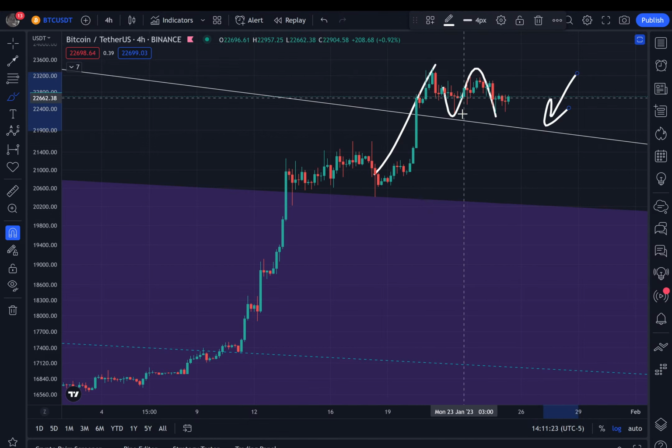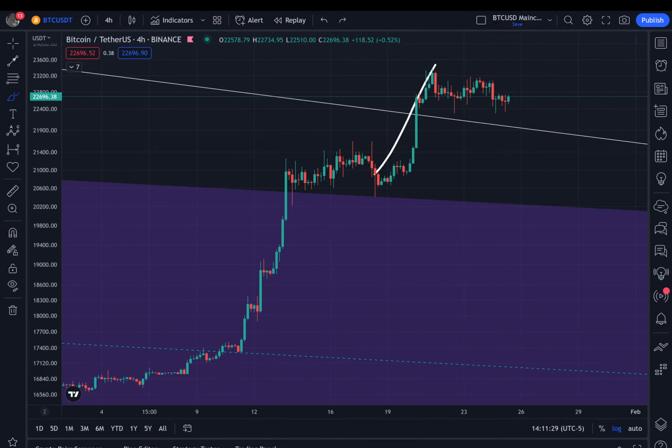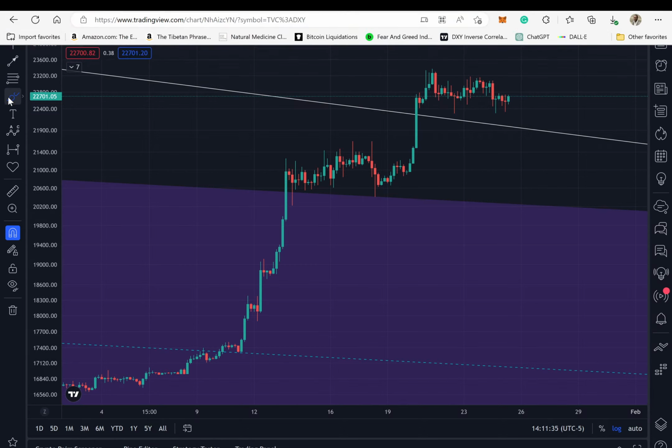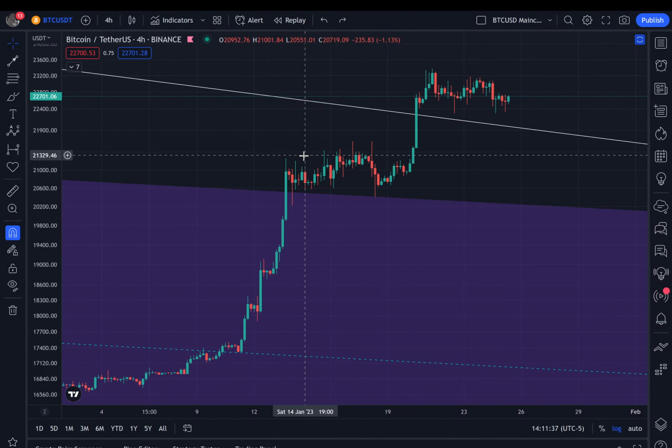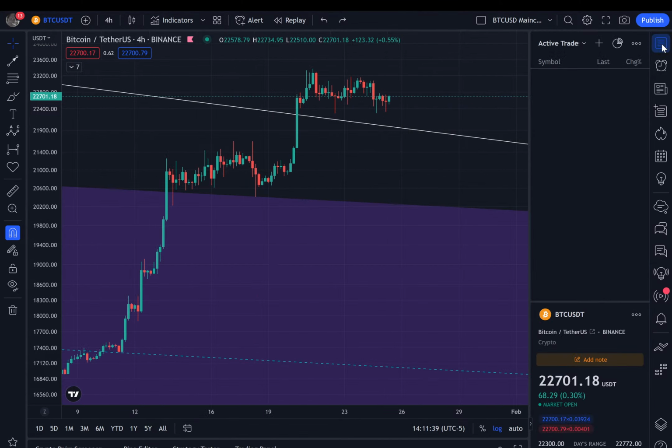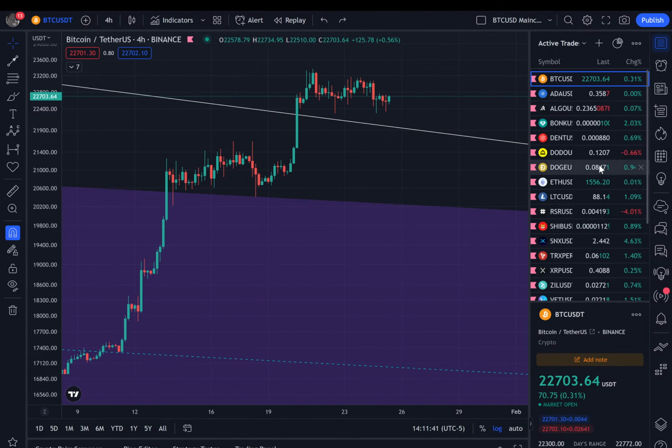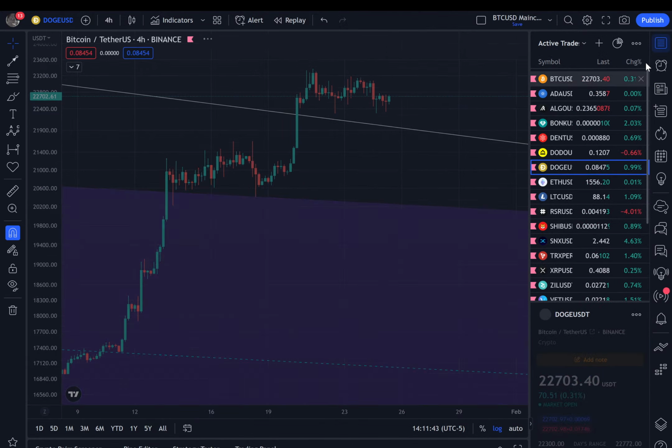All these other altcoins have not only retested it, but bounced off of it and put in at least that first wave. So you can already see from the charts that these altcoins are already in alt season. They're already outperforming Bitcoin, okay? In terms of bull market performance.